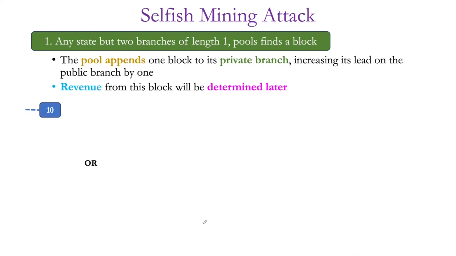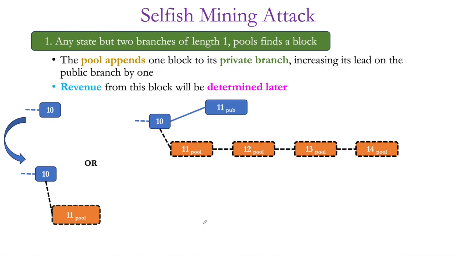So if a block is there, by using that block the private block will be created by the pool, but that is not going to be published. It will wait for a period of time and try to build various blocks by this pool, but not by the public block.